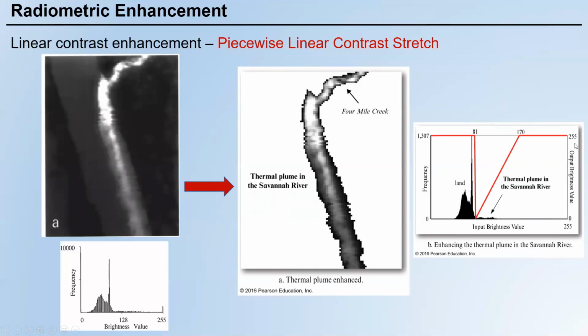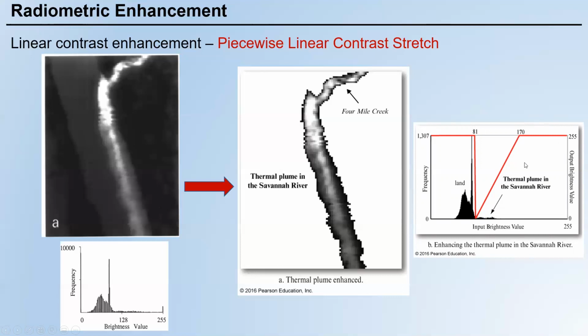I forgot to mention this. That's the reason why those land pixels and Savannah River pixels are all pure white in this output image, because their value is 255. And the other pixels that have a value larger than 170 are also given a value of 255.